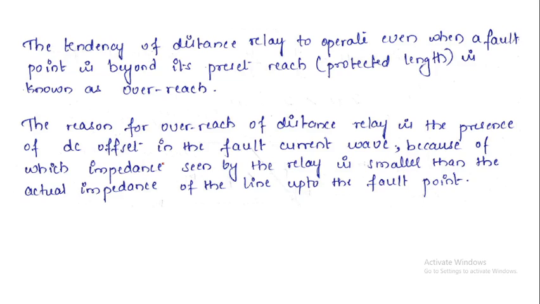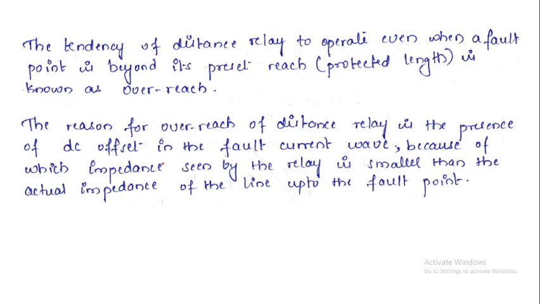With respect to distance, if the relay has a protective length of up to 1 kilometer, it has the capacity of protecting up to a length of 1 kilometer. Because of the presence of arc resistance, if it fails to protect the entire 1 kilometer and protects only 0.7 kilometer, then such a situation is called underreach.